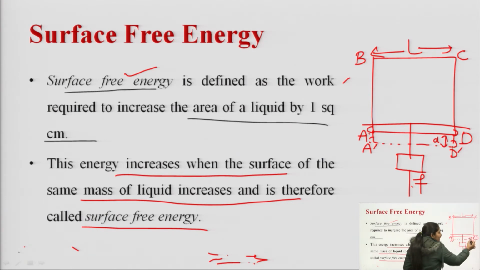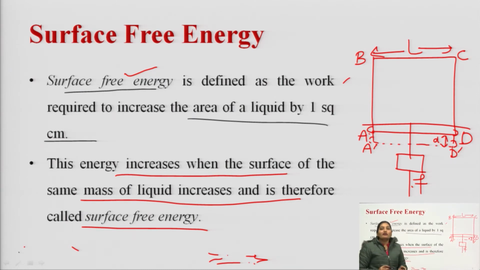And there will be a movement, so that the movable arm will shift from AD to A dash D dash. The force that we are applying is represented by F, and the distance between A dash D dash and AD is D.